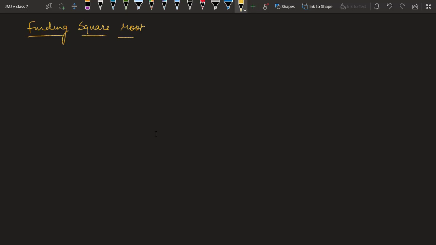Let's see how. Example, find the square root of, suppose, 36. You can give a direct answer also. If you know which number's square is 36, you can say the answer is that number. But if you don't know, in that case what to do?